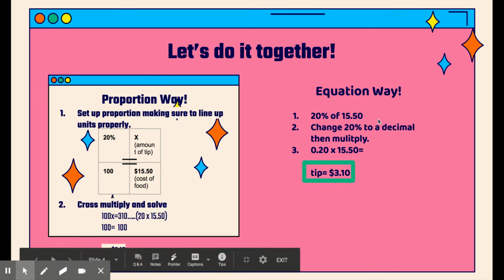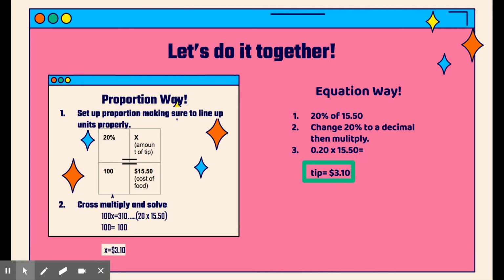Now, if you come over here and look at the equation way, it's a little bit simpler. It just depends on how you look at it. If your brain works the proportion way, great, do it that way. If your brain works the equation way, great, here it is. So for the equation way, you'll have 20% of $15.50. Change 20% to a decimal and then multiply.